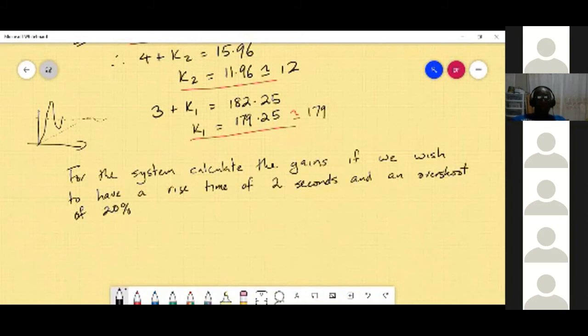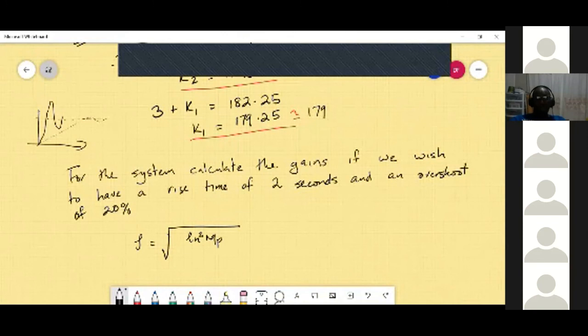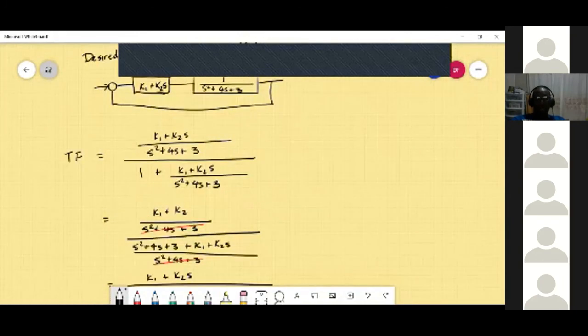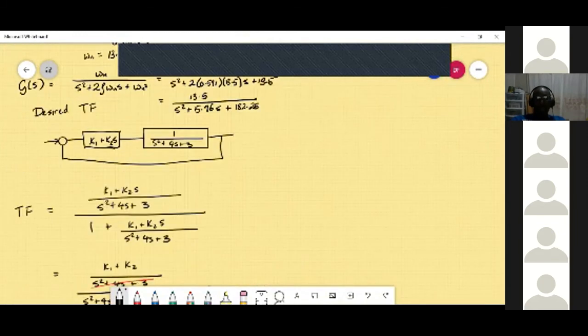So we go back to the formula. What did we say? The damping ratio is the square root of ln squared Mp over pi squared plus ln squared Mp. Let me make sure I have it right.